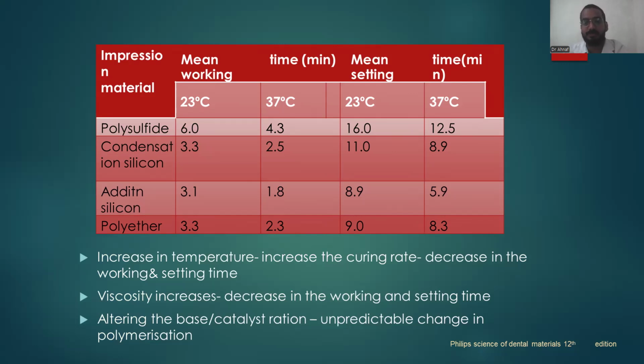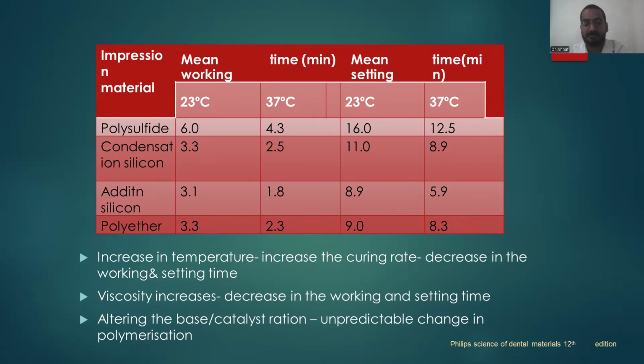Coming to mean setting time, addition silicone has a mean setting time of 8.9 and 5.9 at 23 and 37 degrees Celsius respectively. Polysulfide has a setting time of 16 and 12.5 respectively, which is comparatively greater than the other elastomeric impression materials.